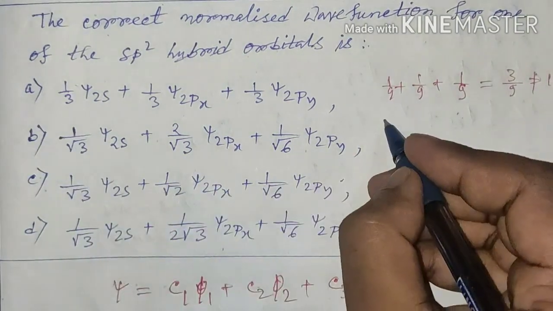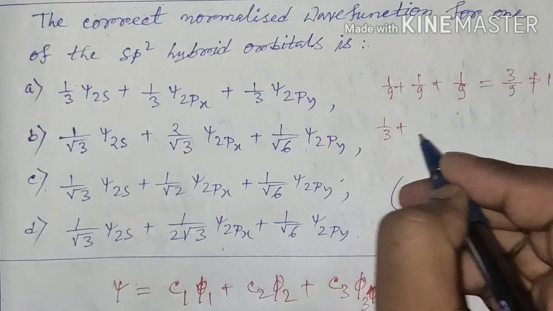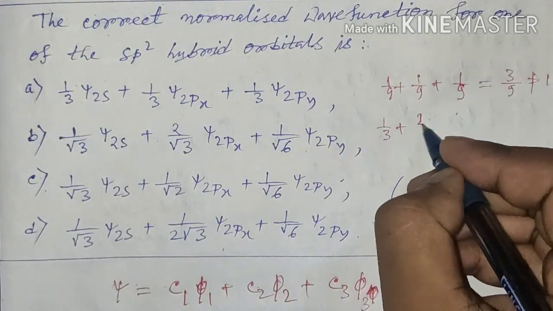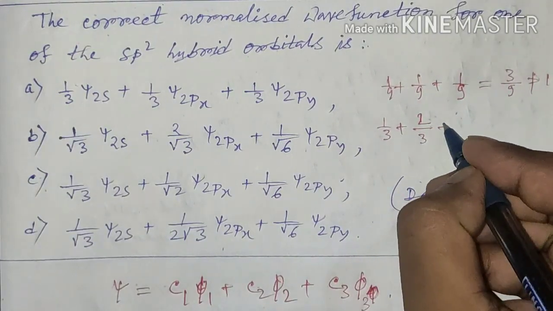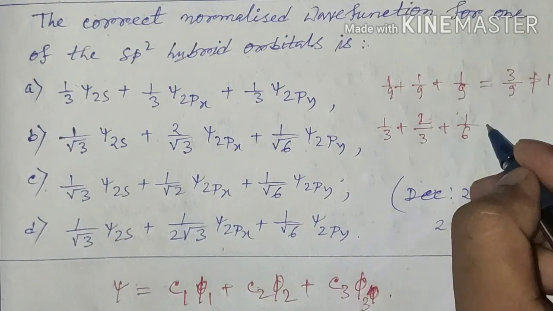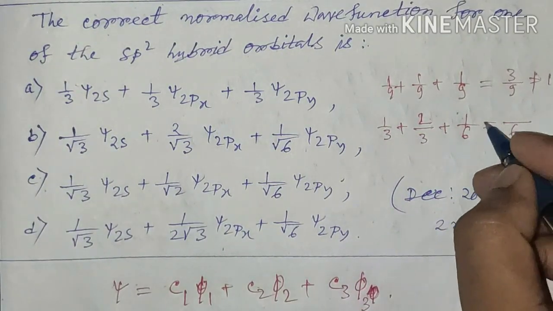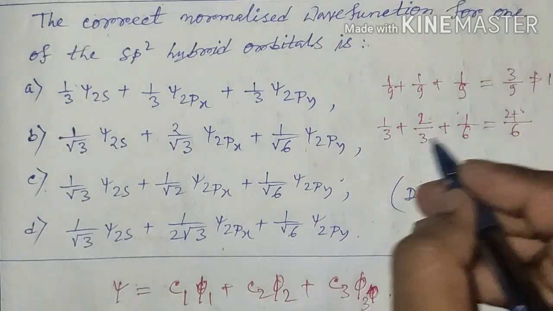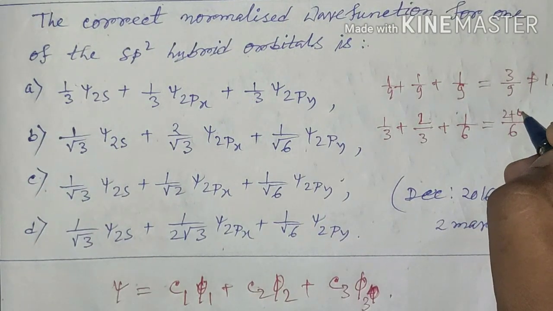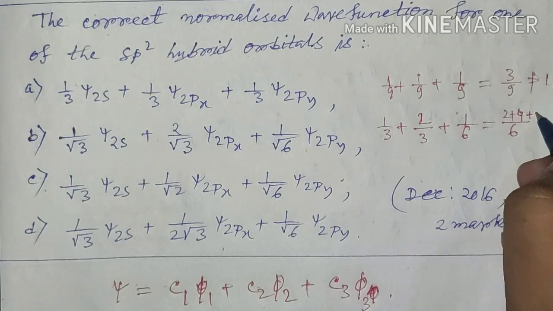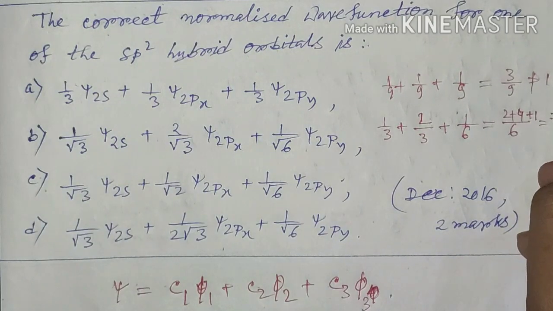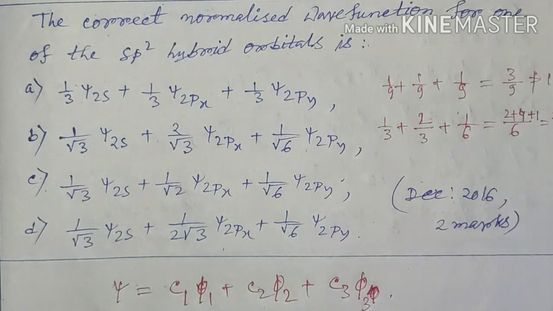For the second case, the contribution of the different atomic orbitals will be like this, and if you sum these up, it will be 3, 2, 4, that is 7 by 6, not equal to 1.